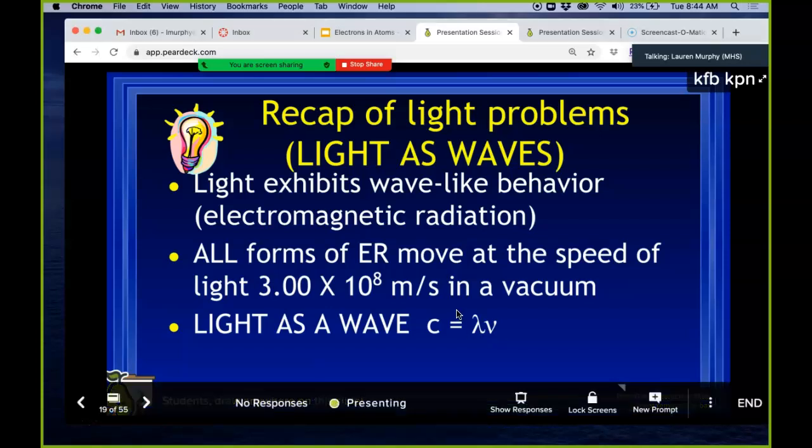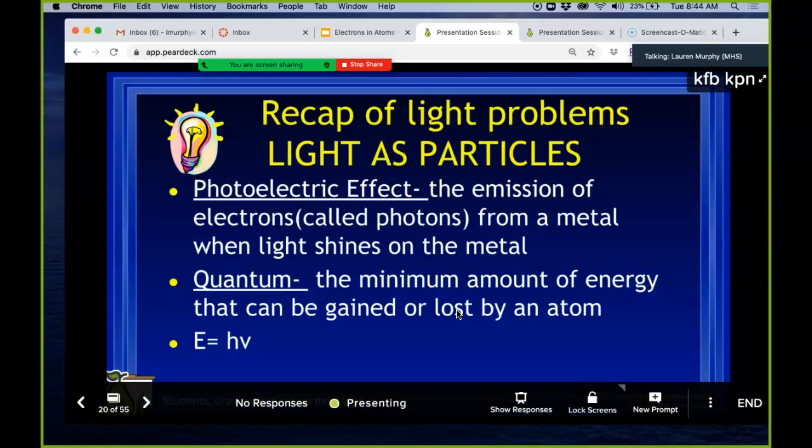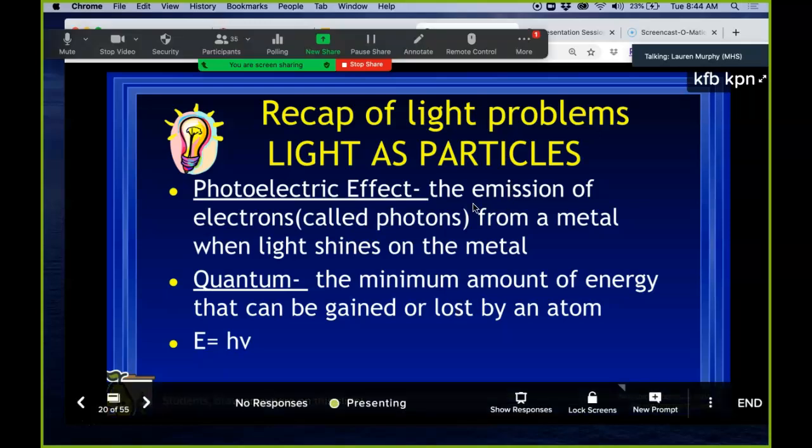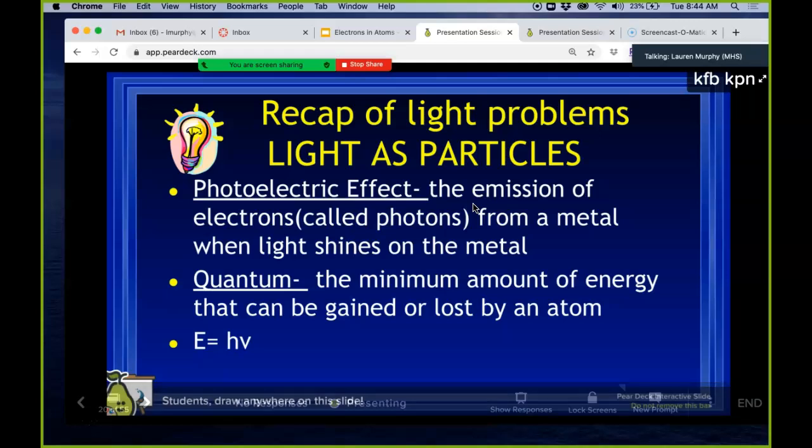Okay. So if you did the reading, you'll learn about the photoelectric effect, which discovered that light behaves two ways. It doesn't just behave like a wave, it also can behave like a particle. They saw these emissions of electrons, which are photons, which are just particles of light.